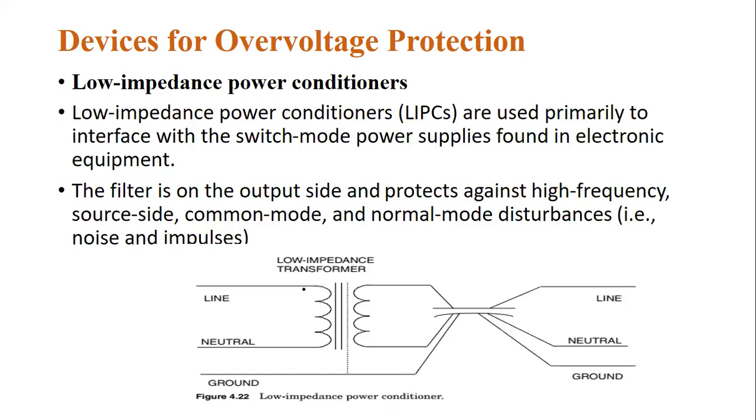Now see this diagram. Now see this transformer. This is the primary side. This is the line to the neutral. This is the ground. Remember, a neutral is different from the ground in these cases. This is the primary, this is the secondary.